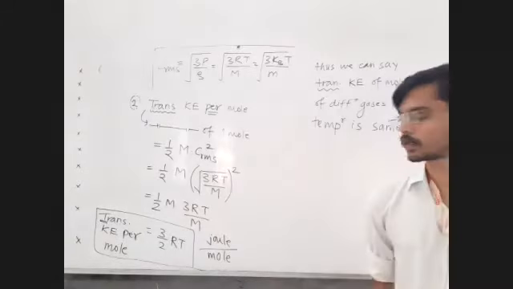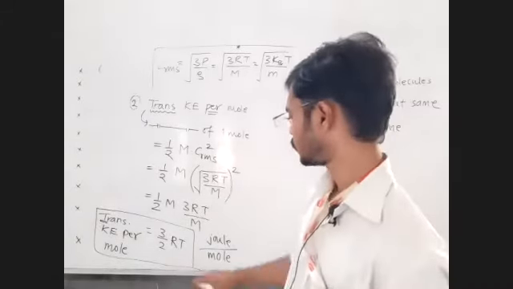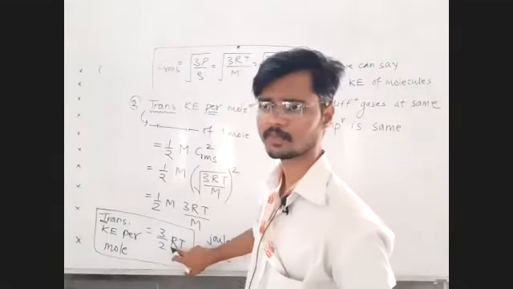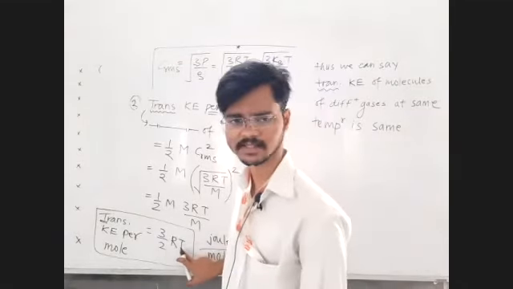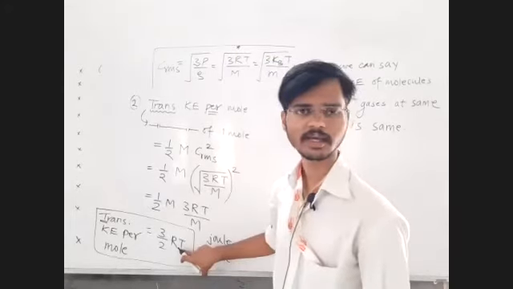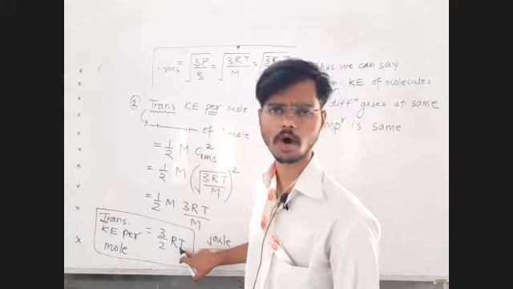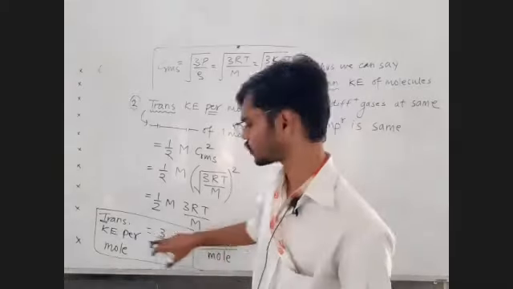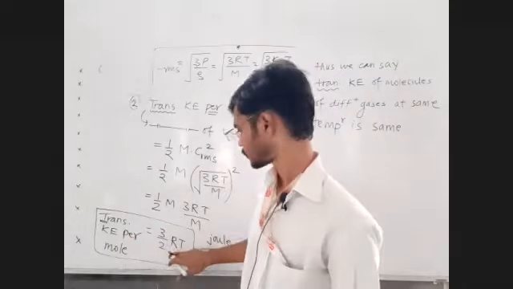Okay. So what is the conclusion now? R is universally the same. If the temperatures of all the given gases are the same, then the kinetic energy of 1 mole of all those gases will be the same.